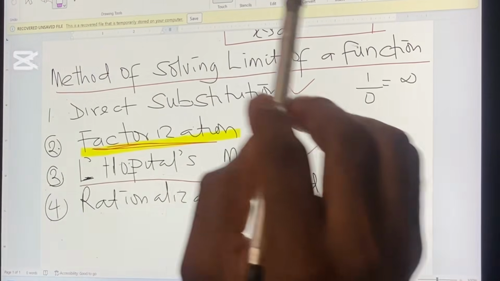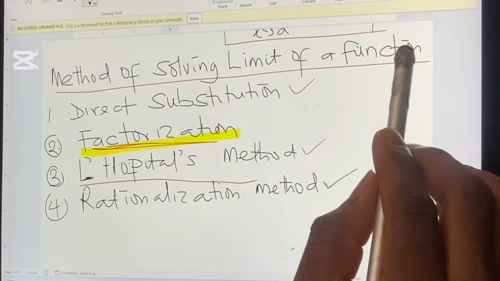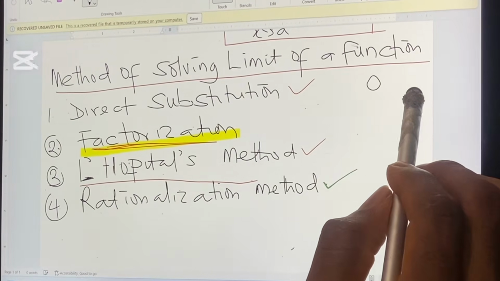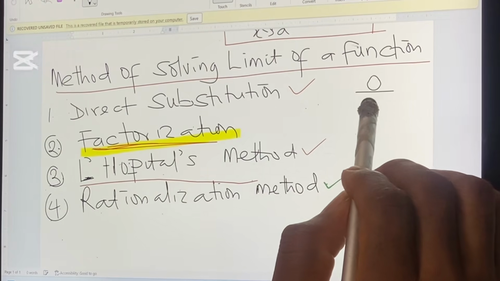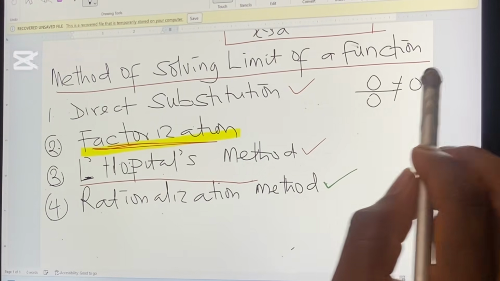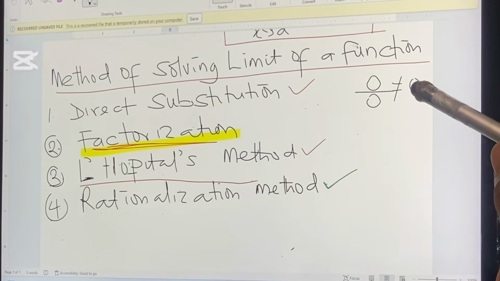But if you replace the value of s and the result of the limit gives 0 at numerator and 0 at denominator, the answer will not be 0. It means that we have a particular method we use to solve this kind of limit, and this limit is called indeterminate limit.